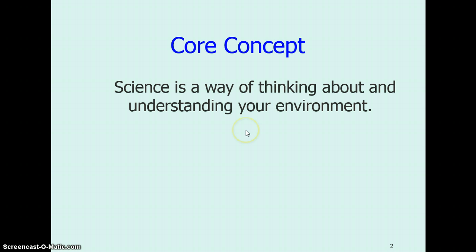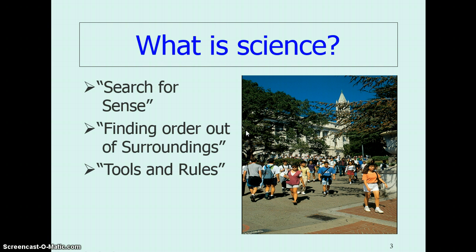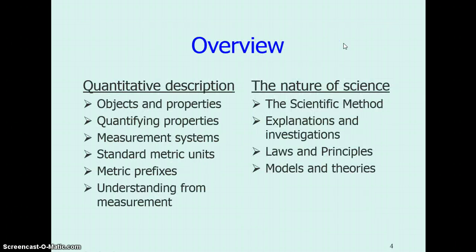In chemistry and physics and astronomy and geology, we're trying to learn about the physical universe as opposed to living creatures.